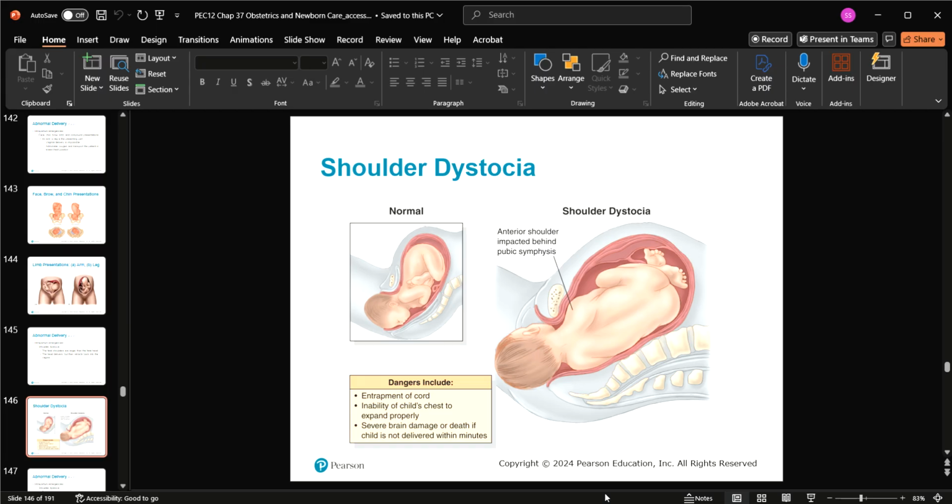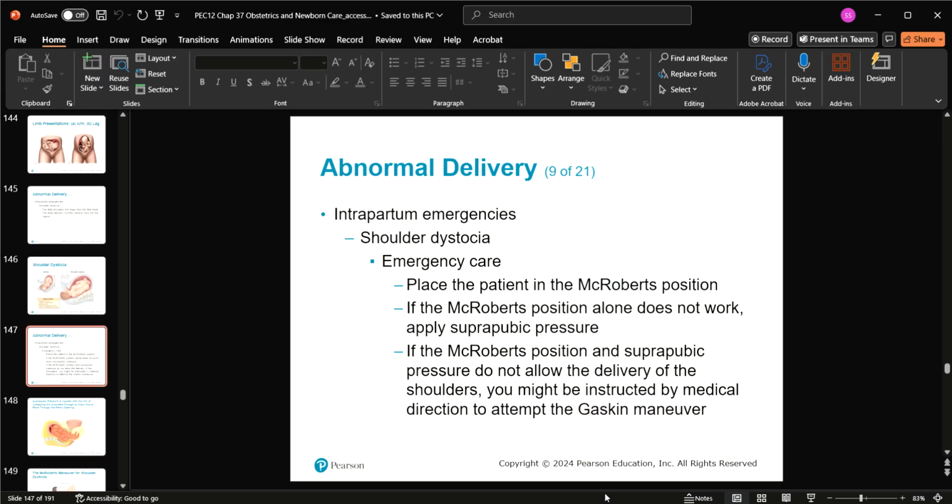I'm just saying that physically the hips are not far enough apart to allow birth of the child due to the child's shoulders. Some difficulties here: entrapment of the cord, severe brain damage or death if the child is not delivered. So rapid transportation, lights and sirens is going to be very, very crucial here.